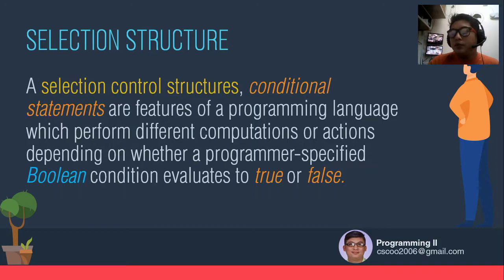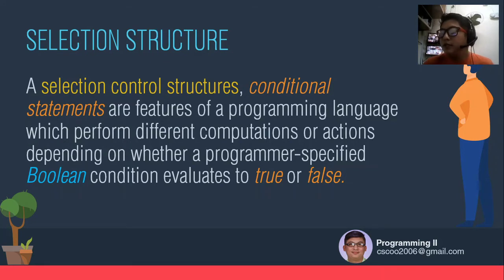You are allowing your program to identify a specific statement depending on the situation. When you say depending on the situation, you provide a condition that you need to satisfy. If the condition is true, then path number 1 is executed. Otherwise, the other path is executed. That's why we have the selection structure.